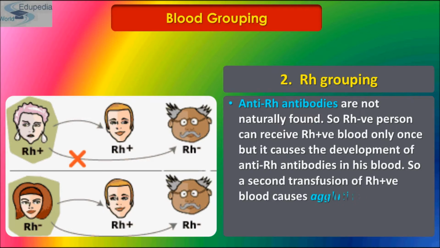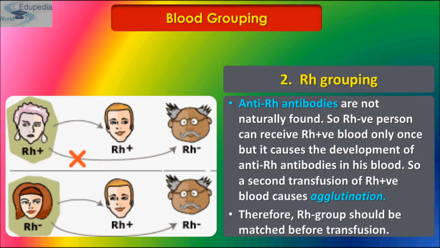In this, what happens is the first blood transfusion of Rh positive blood to the person with Rh negative blood causes no harm. As you can see, this Rh positive to the Rh negative causes no harm, because the Rh negative person develops anti-Rh factors or antibodies in her or his blood.